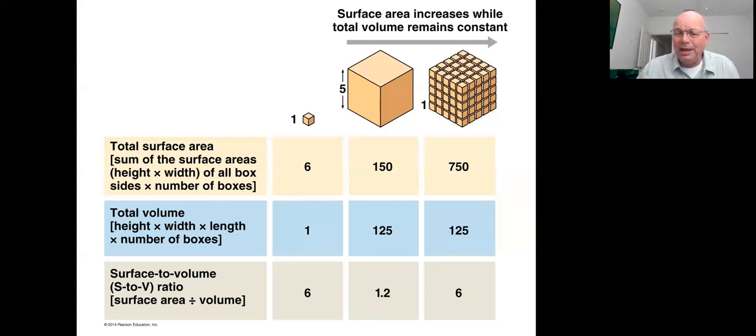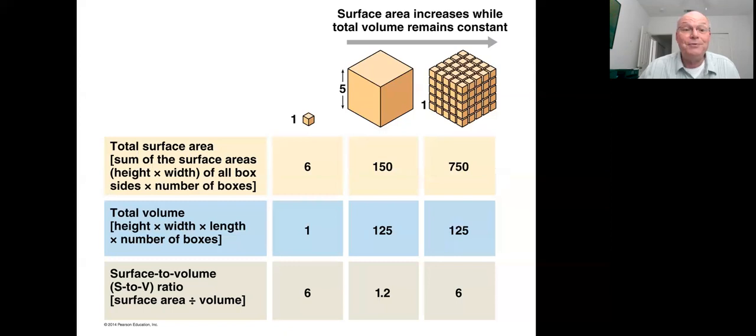So now if we take our 5 cubic unit cube and subdivide it into smaller cubes, each of 1 cubic unit, or to think in terms of the size of one side of the cube, 1 unit, we see that we've restored the surface area to volume ratio, because now instead of having 1 cube with a surface area of 150, how many 1 cubic unit cubes are in there?